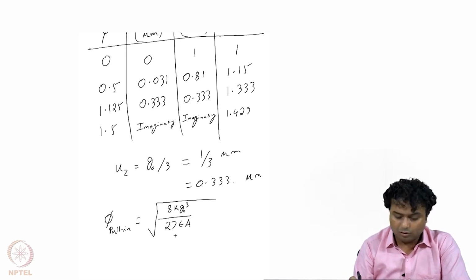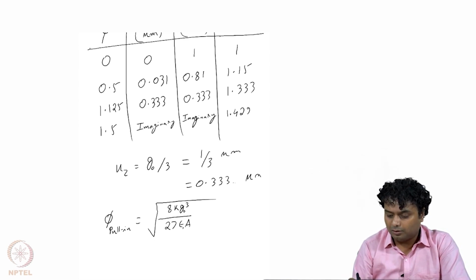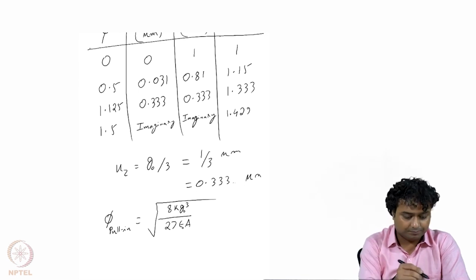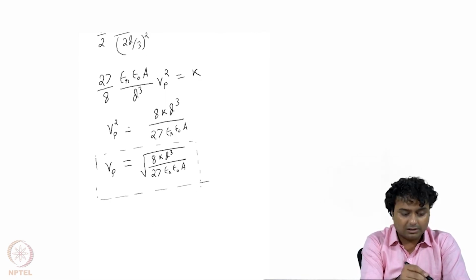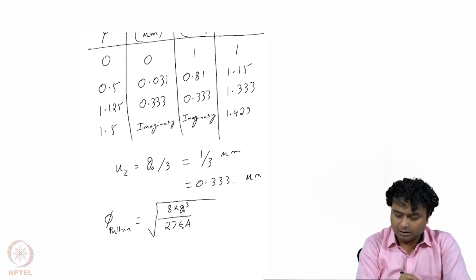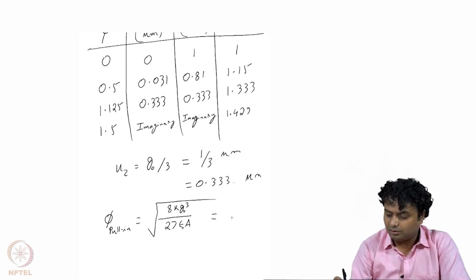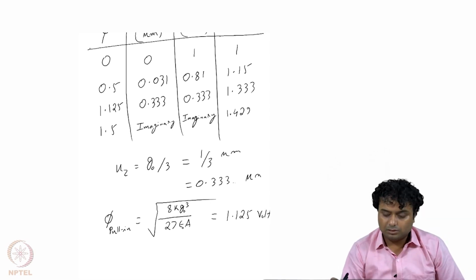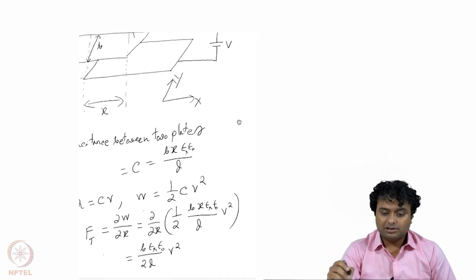And here if we put all the values, because epsilon naught we already know, and then a is 1500 micrometer square, g0 is 1 micron, and k is already given as 0.057 Newton per meter, and if we put all those values, then we will get phi pull-in is equal to 1.125 volt.